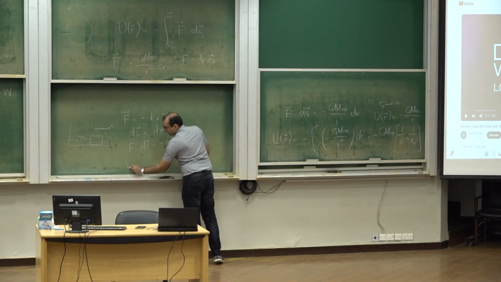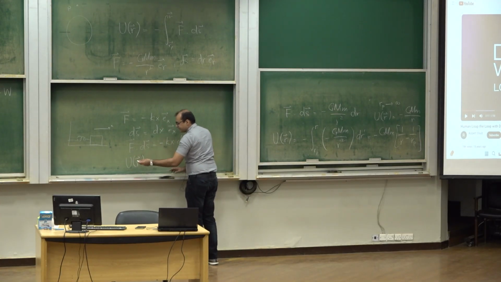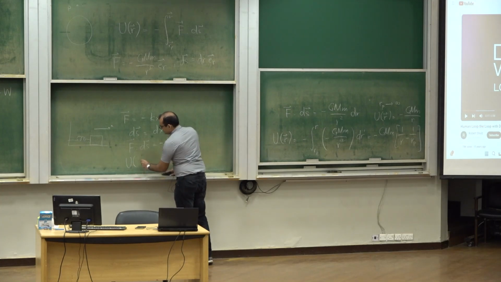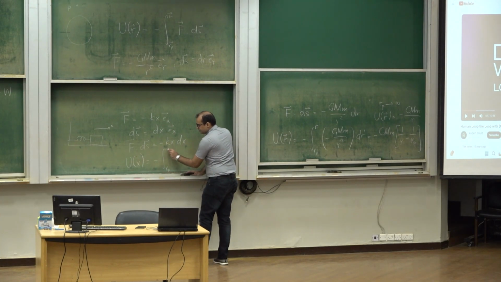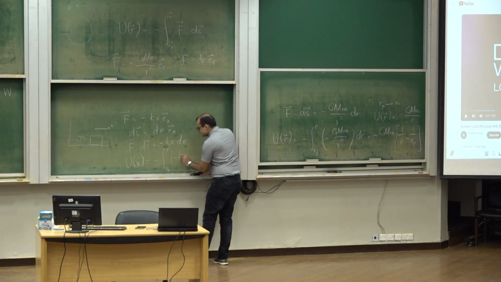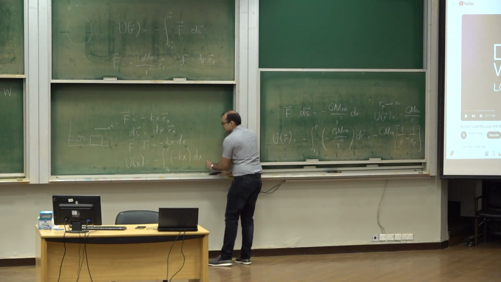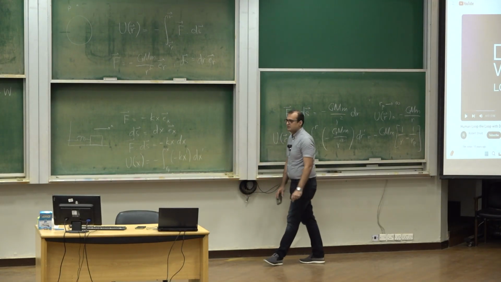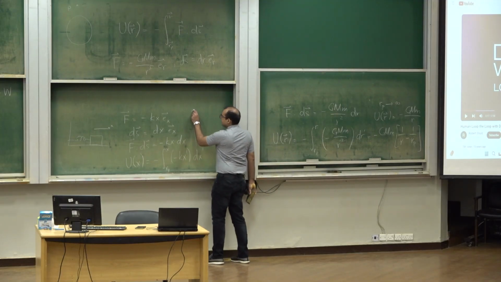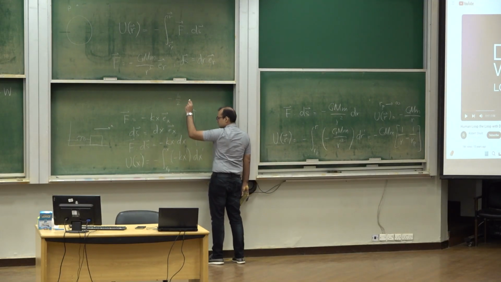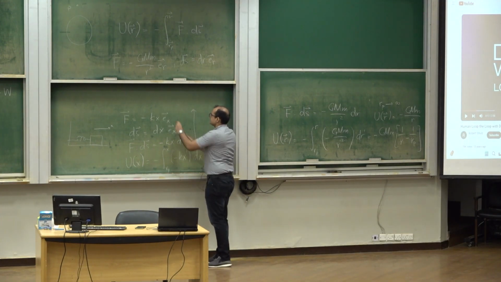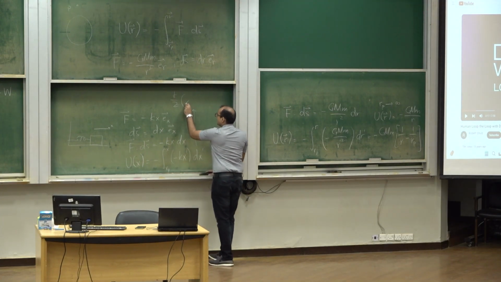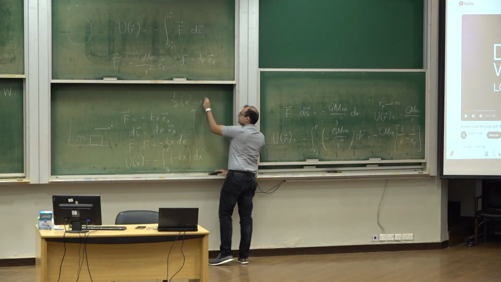Therefore U of r, or U of x in this case because it's 1D motion, will be equal to minus the integral from the reference point to the point that you're looking at of minus kx dx. Again, don't confuse this with that, so put the prime over here. If you integrate this, what will you get? You get minus k by 2, right? You get plus k by 2, minus minus became plus, k by 2 times x square minus xp square.